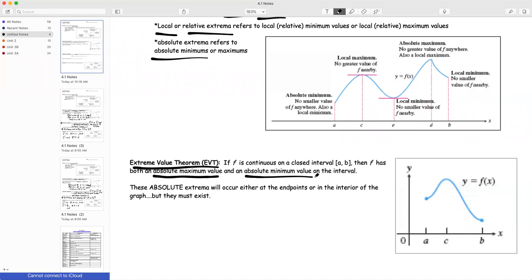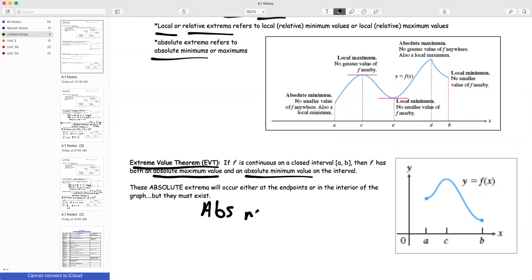So I have a function here. My function A is continuous and these are both closed endpoints. Therefore, the function is closed. Therefore, I know that it has an absolute max and I know that it has an absolute min. So these absolute extrema will occur at the endpoints or in the interior, but they have to exist if the extreme value theorem is true.